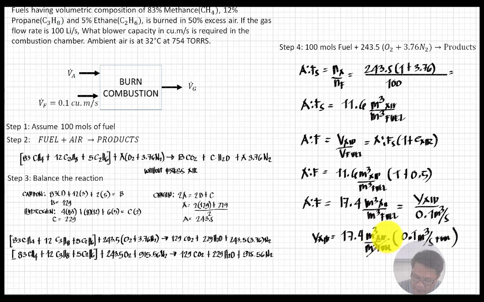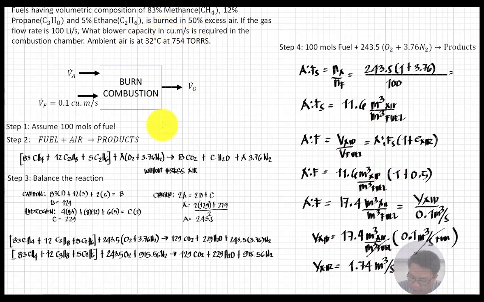So I'm going to cancel out the units. So we can write now the blower capacity, or the volume flow rate required to supply the combustion chamber. That will be 17.4 times 0.1, which is 1.74 cubic meter per second. That will be our blower capacity. Okay, so that answers the question in the problem.